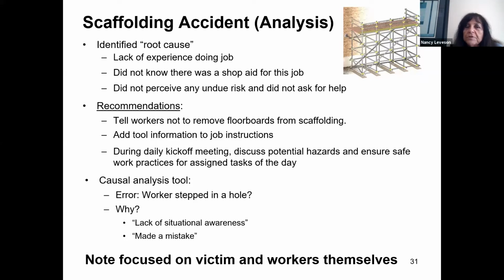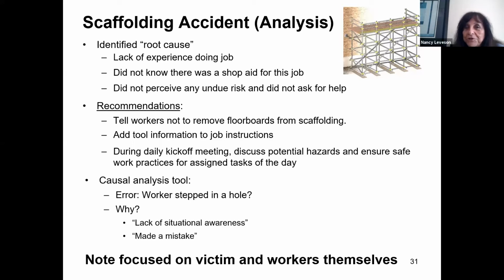And they didn't perceive any undue risk and didn't ask for help. It's all their fault. They should have asked for help. Hindsight bias. They didn't think it was a big deal at the time, otherwise they would have asked for help, clearly. All right, so what were the recommendations? Well, tell the workers not to remove floorboards from scaffolding. Oh, come on.